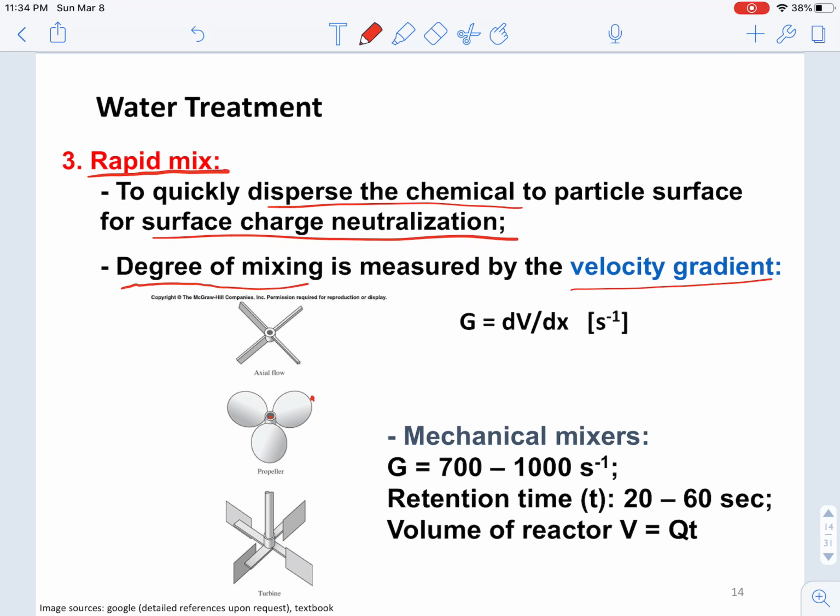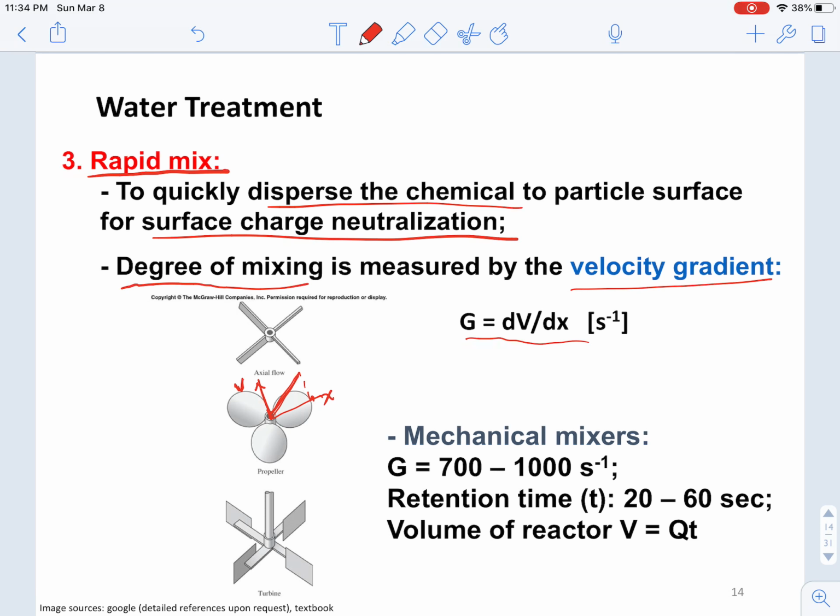If we plot the velocity along this propeller, we can see that the further away from the center axis, the higher the velocity, right? And also because of this calculation, the velocity gradient carries a unit of per second, right?